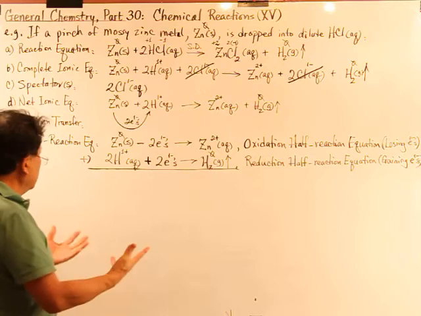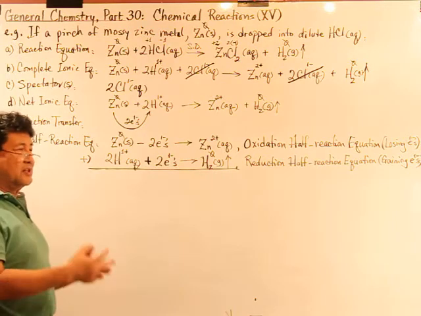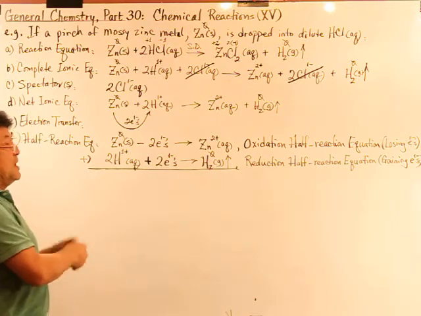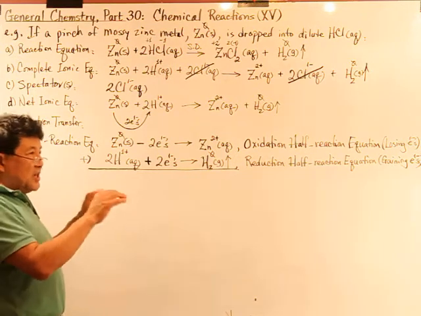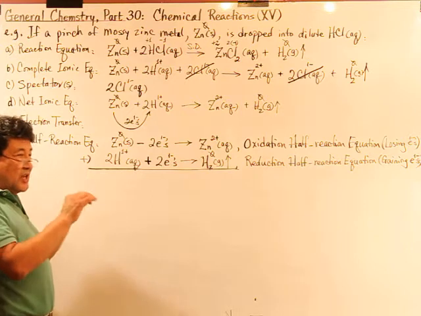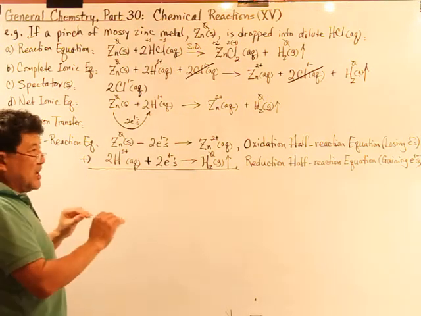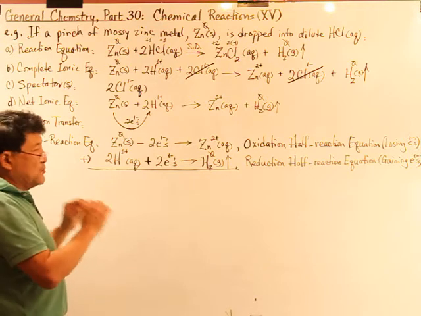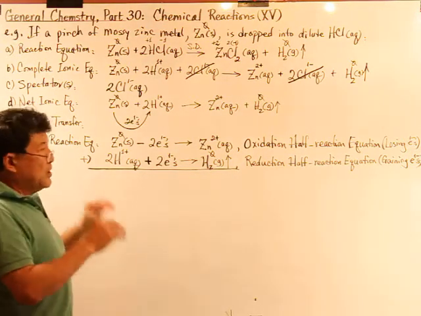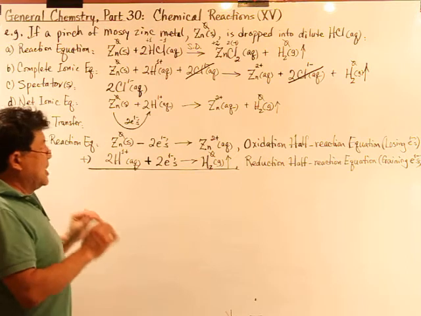So the zinc loses electrons. If you lose electrons, we define that as being oxidized. So we are able to pick up everything involved in this oxidation process and put them together into an equation we call the half reaction equation. In this case, we call it the oxidation half reaction equation.